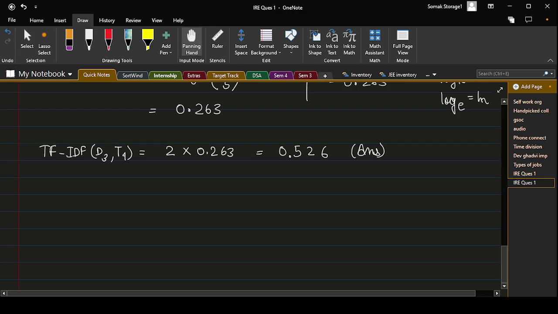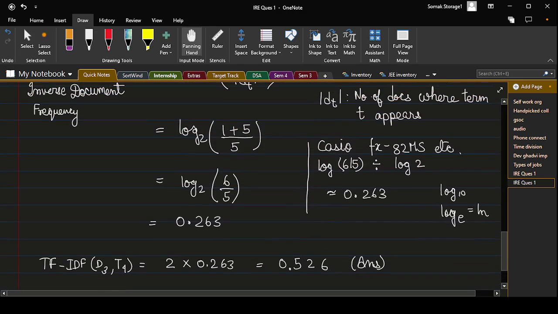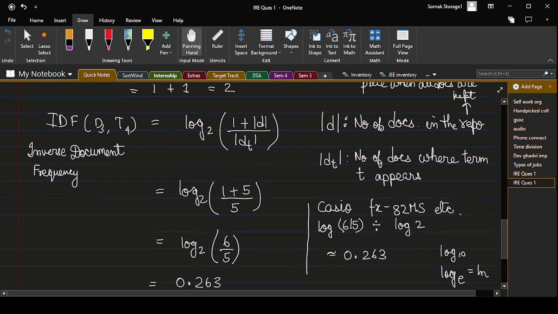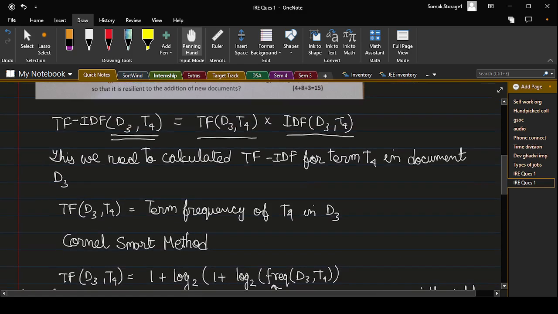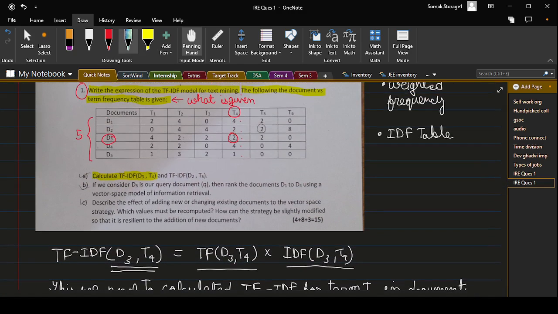Okay, so I hope you were able to understand the calculation behind calculating TF IDF for a particular term in a given document, and I just want you to practice another example, which is TF IDF of D2 T5. You just need to do the exact same thing as we've done, although I will discuss it in the upcoming video, but as your practice, I just want you to try this. Okay, just try this and comment what answer you get.